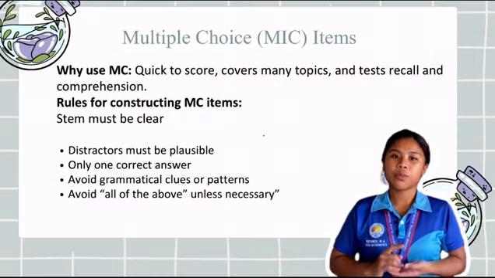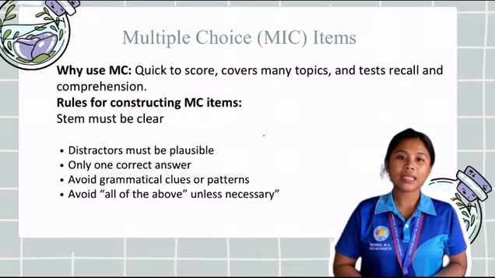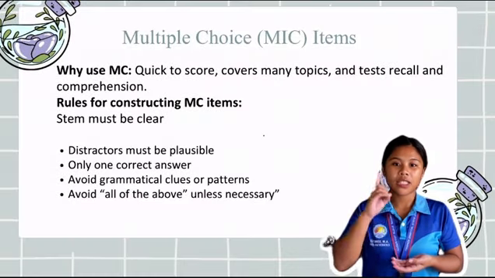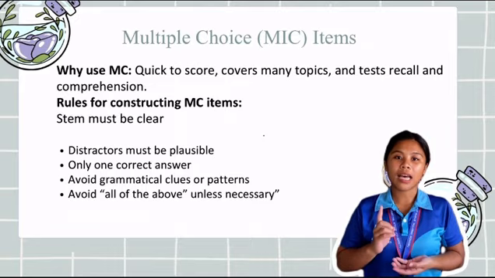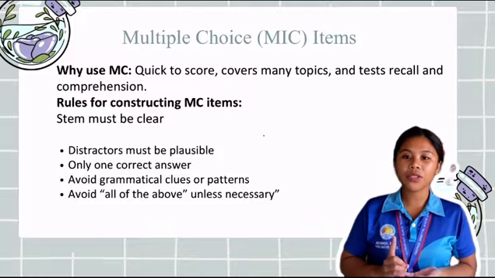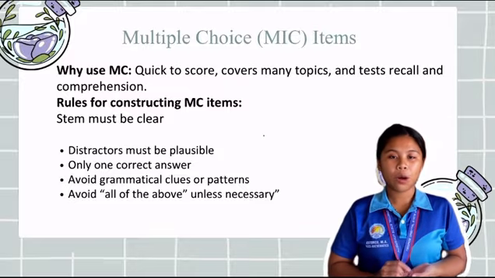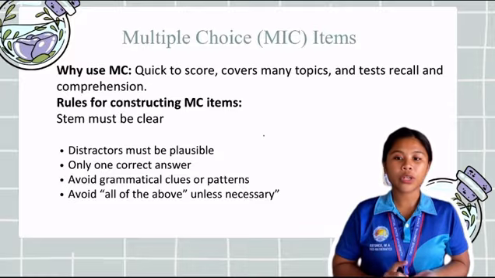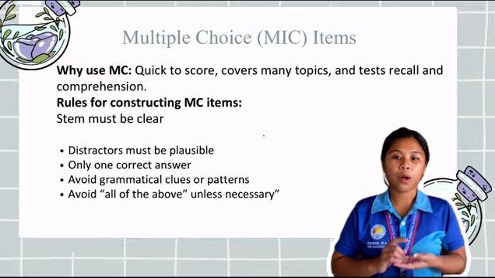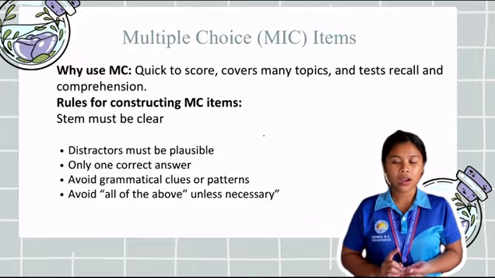So why do we use multiple choice? It is because it's quick to score, covers many topics, and tests recall and comprehension. There are rules for constructing multiple choice items.